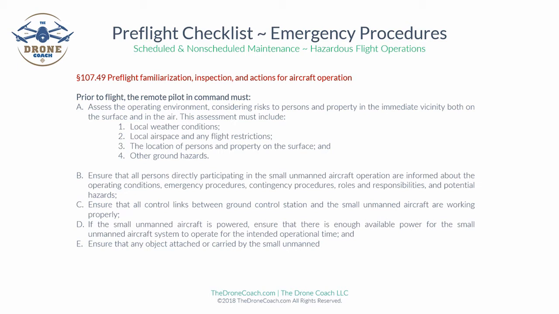If the small unmanned aircraft is powered, ensure that there is enough available power for the sUAS to operate for the intended operational time, and also ensure that any object attached or carried by the small unmanned aircraft is secure.